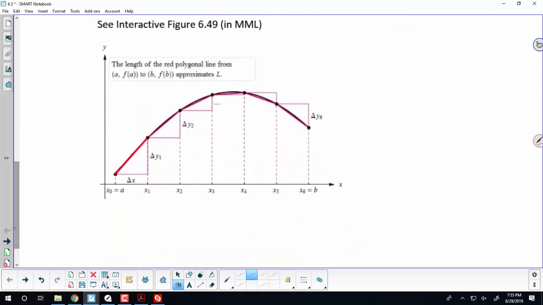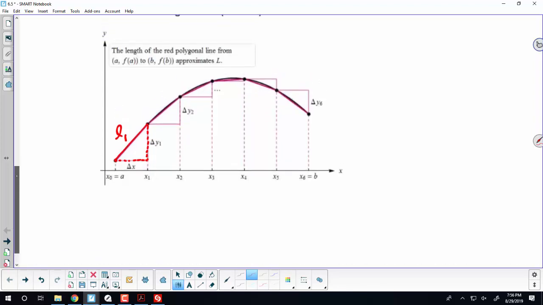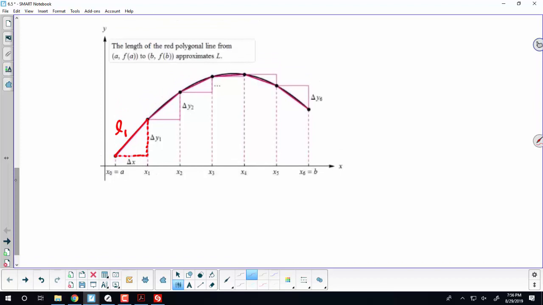Here's length 1, our base of the right triangle that we've created is just some change in the x value, so we'll call it delta x, and the change in the y value is delta y. I don't know that I'll put all of the notation together, but that's the idea. We're going to sum all of this stuff up to infinity, and that's going to turn into an integral for us.